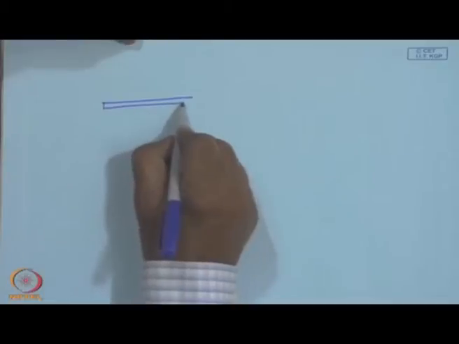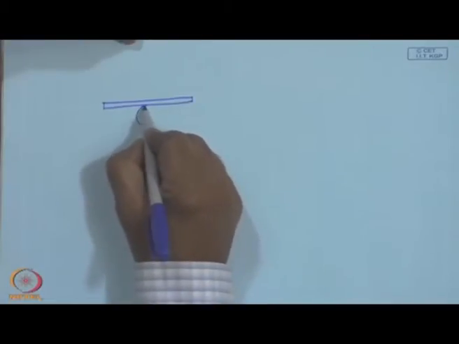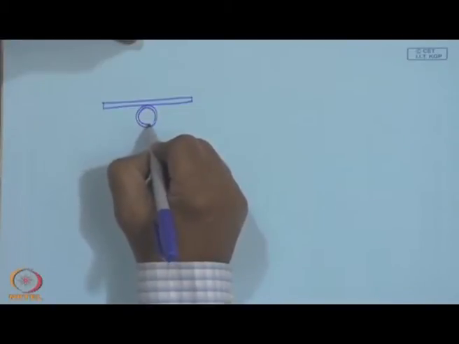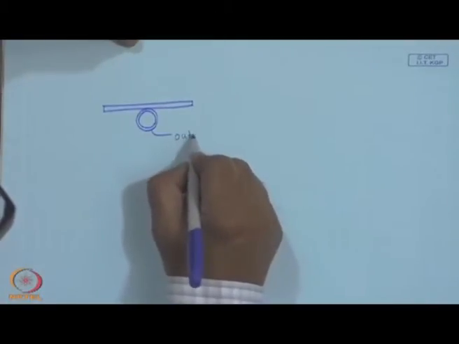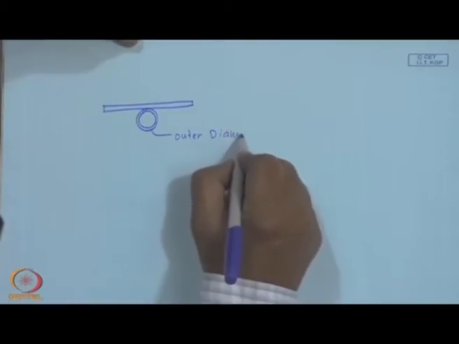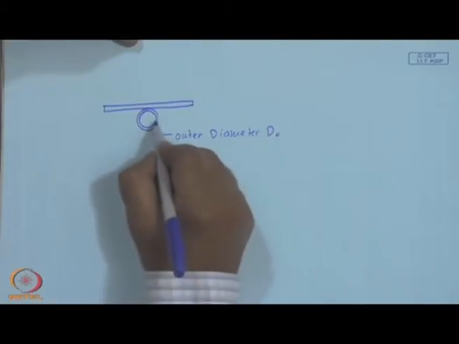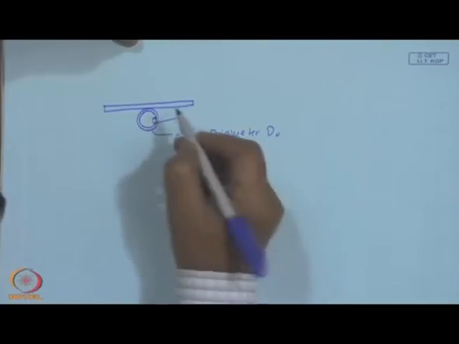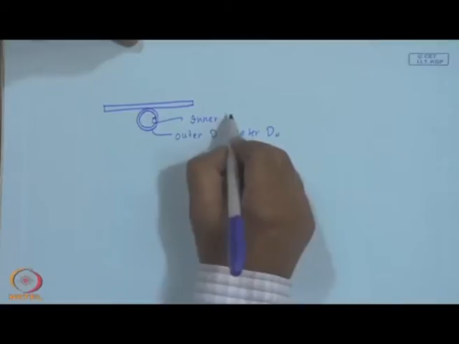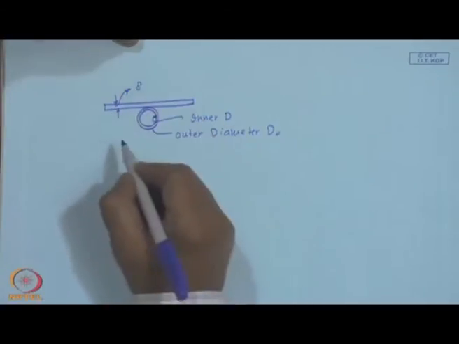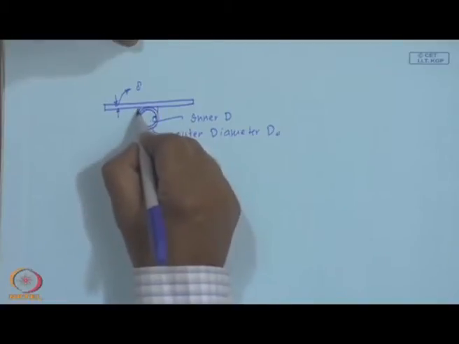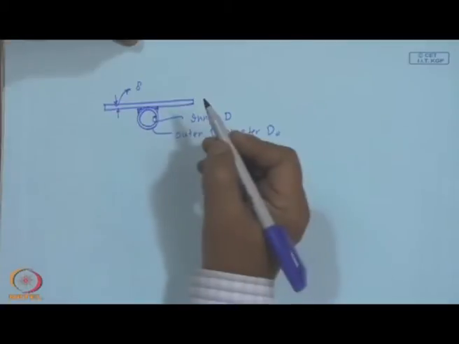If I take an exaggerated view, this is an inner diameter, some D naught, and inner D, let the thickness of the sheet be delta, and this tube is joined with a solder or some bondage.